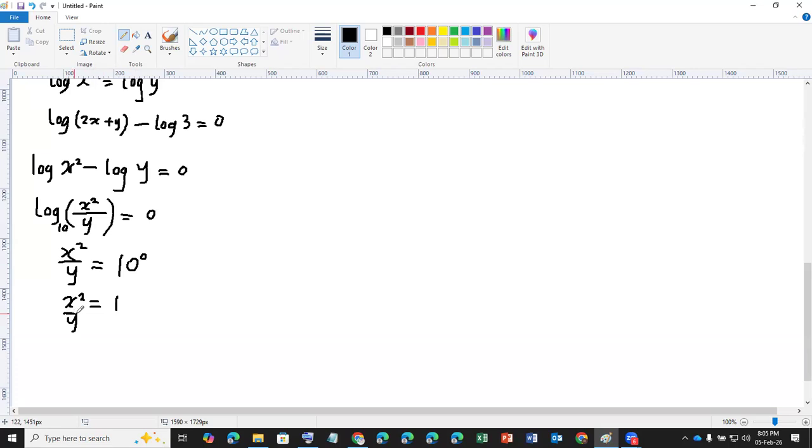And the same thing that we did with that other one, the denominator, we multiplied both sides by the denominator. Why? So that we would have a straight equation which doesn't have any denominator, because denominators usually we don't like to put. So x squared equals y.